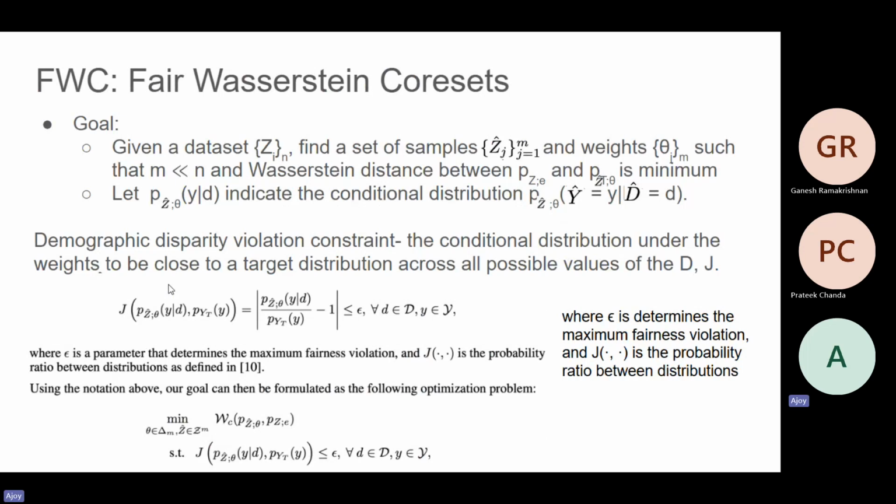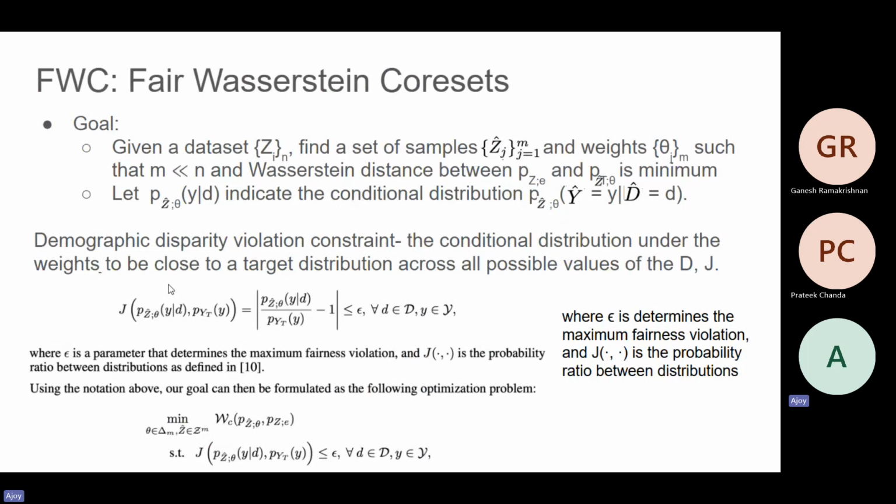So the constraint that they add for ensuring fairness is basically the J that's here. The J is calculated between the conditional distribution of y given d and y, and the J is large when P diverges extremely for different divisions.